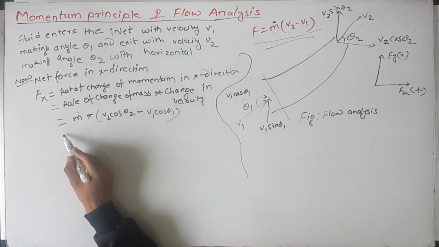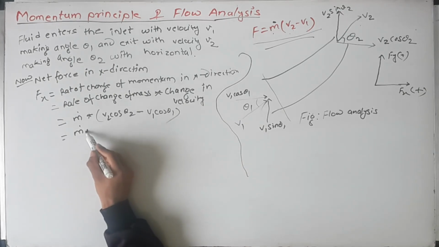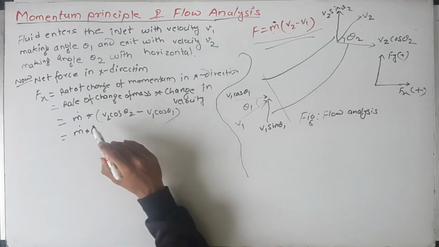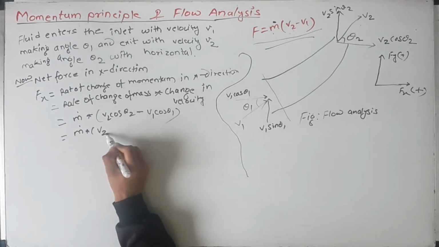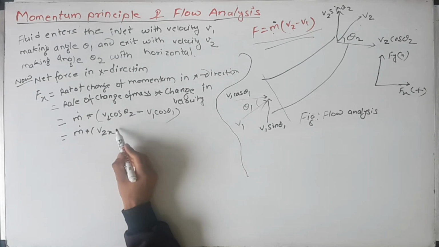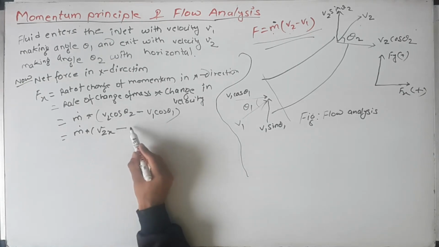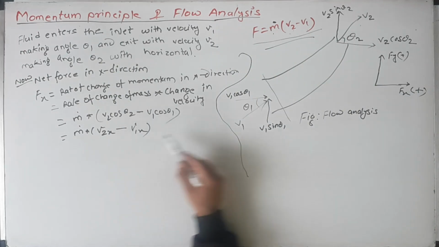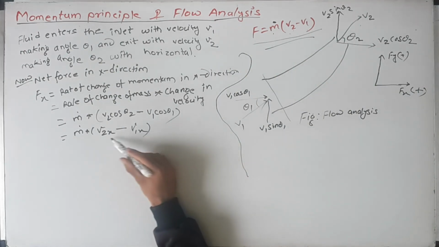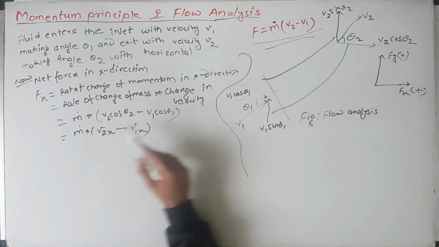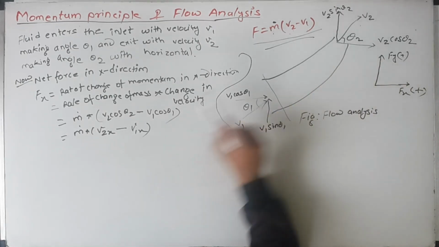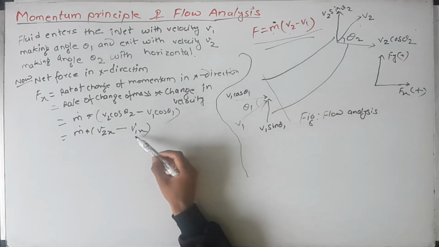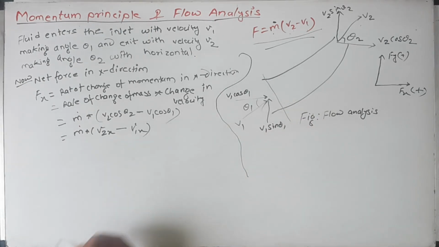Or we can write this as m dot into (v2 cos theta2 is the velocity in x direction, so it is v2x, minus v1x). These are in x direction, so in suffix we write x: for exit v2x, and for entering v1x.